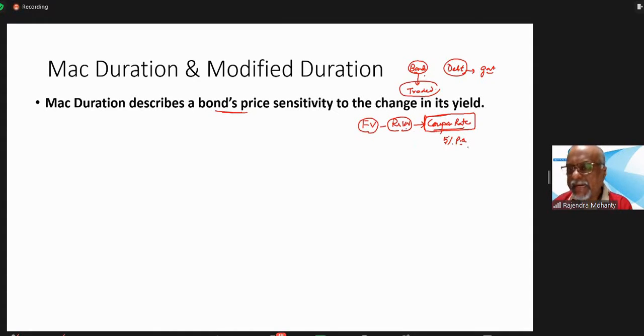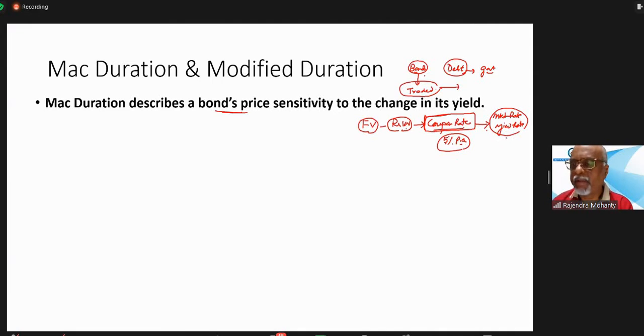And when the bonds are traded in the market, there will be another rate, which is called the market rate, or also the yield rate. This rate will be different from your coupon rate.